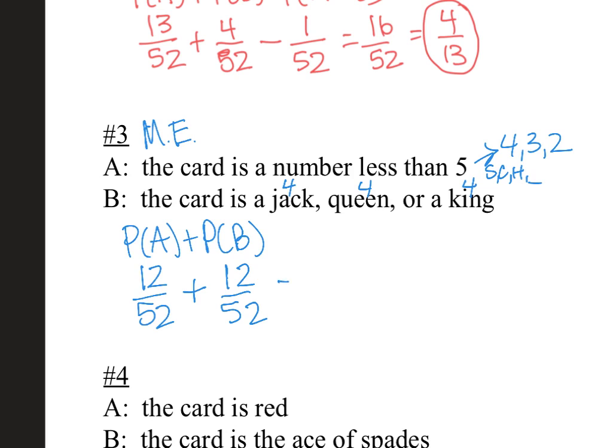Okay, so this is 24 over 52, which can simplify. Let's see. Six over 13.